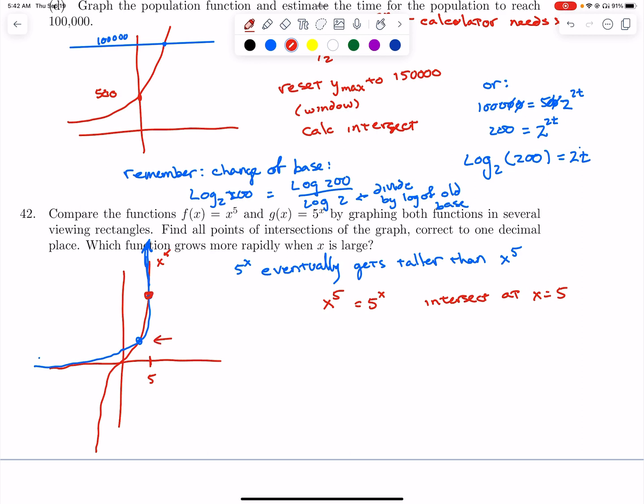If I graph them and do calc intersect, I want to guess something significantly less than 5. So when it goes to guess, 1. What is it? It's actually 1.7649. There you go.